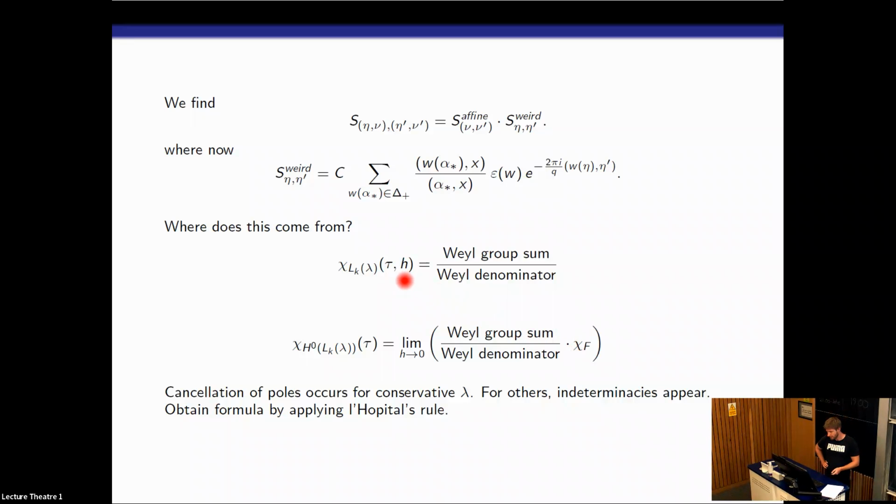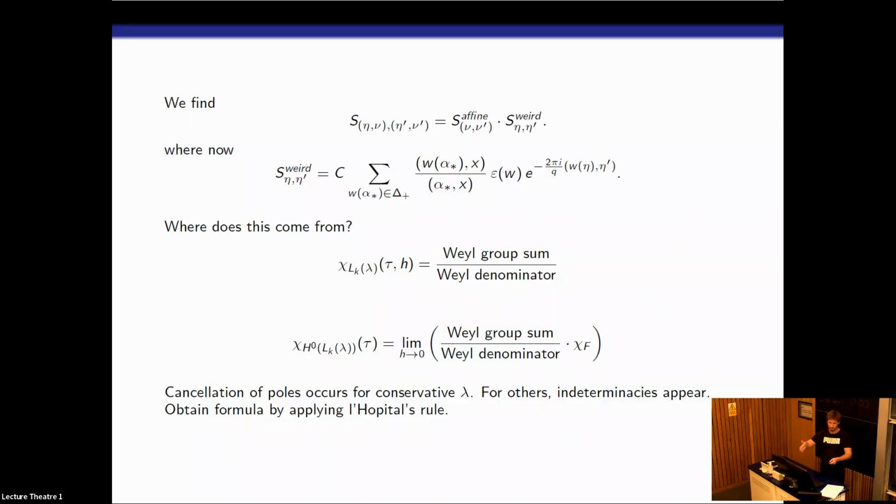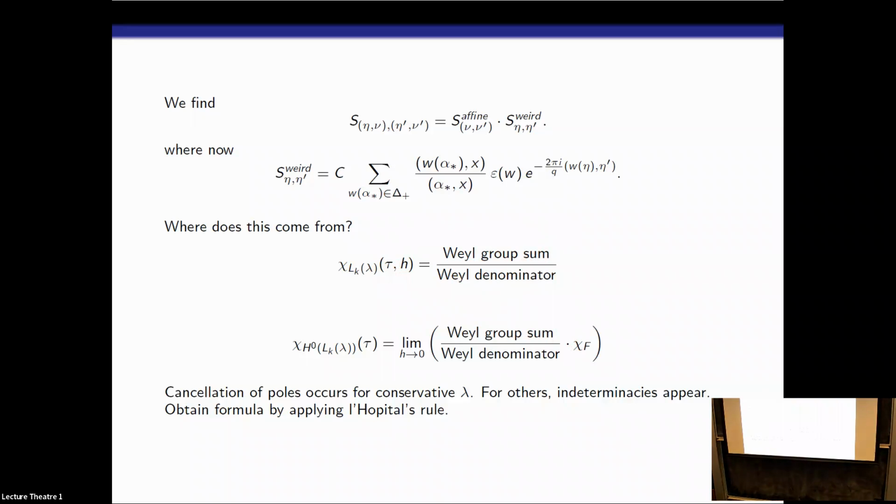For the weights that we're interested in, these replete weights, in the principal case, both the numerator and denominator have zeros, but the zeros are on the same hyperplanes, so they in a sense cancel out, and you can just take the limit, and it's not problematic.